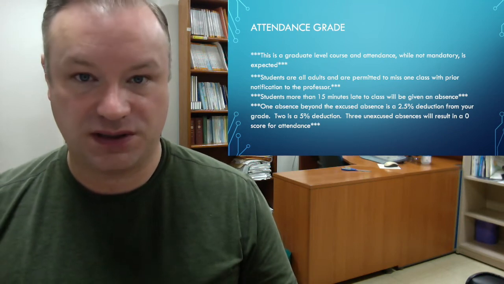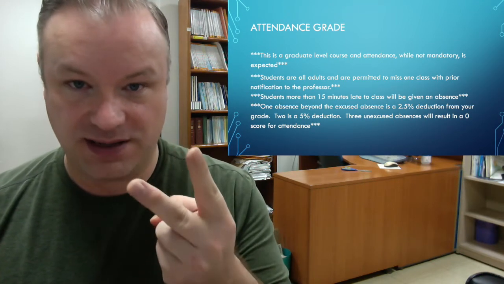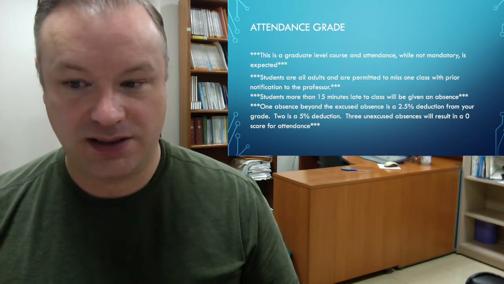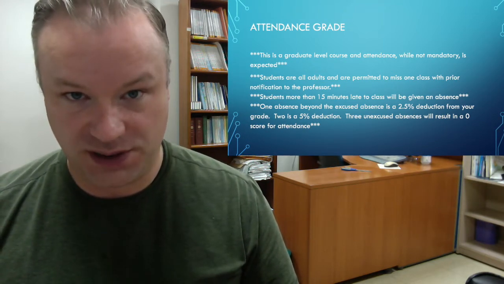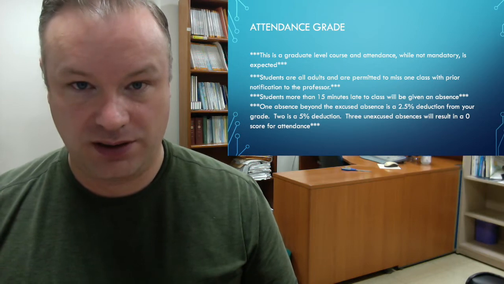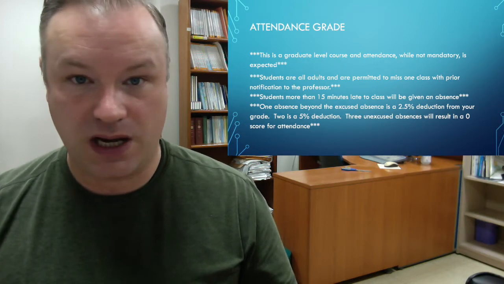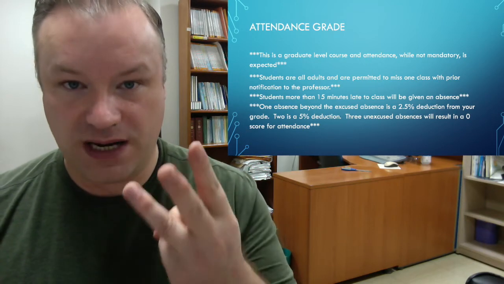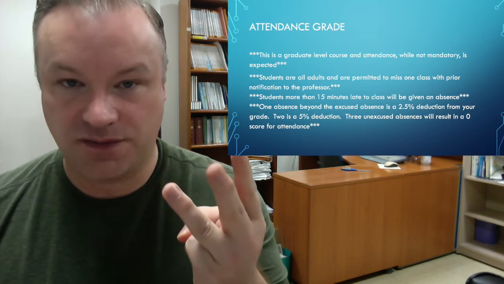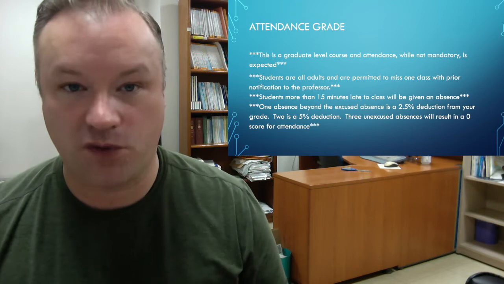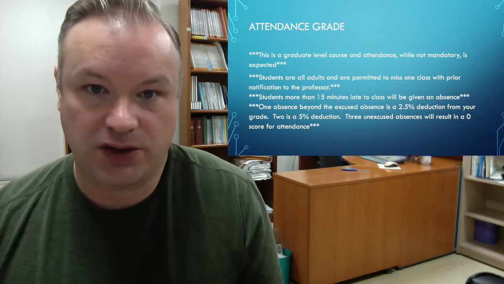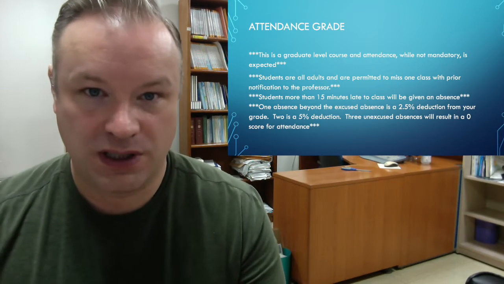Now, if you miss a second time after your free absence, then it's another 2.5%. Okay? Now, the third time, I'm giving you a 0 on your attendance score. But if you're absent for 3 times after your free absence, you were absent for 4 times. 4 times, and this is only a 16-week course.